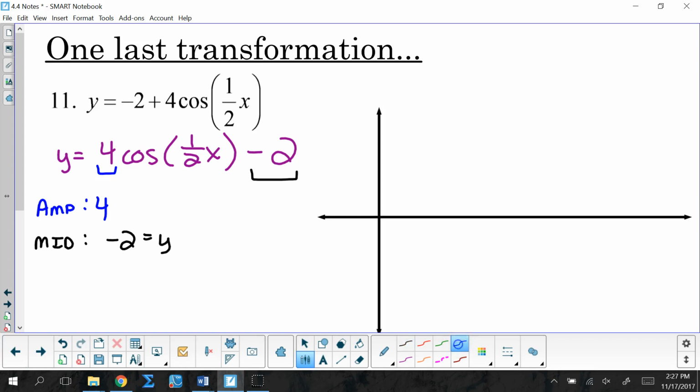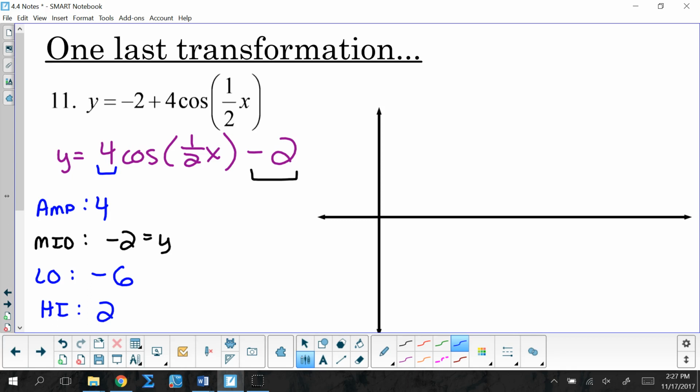Okay. So then now my low point would be negative 2 minus the amplitude. So that would be negative 6. The high point would be negative 2 plus the amplitude, which would be positive 2. Okay.